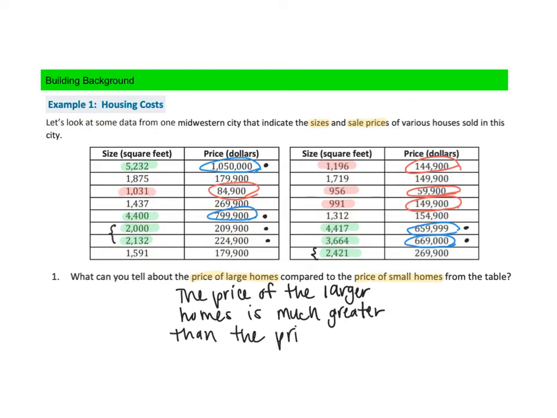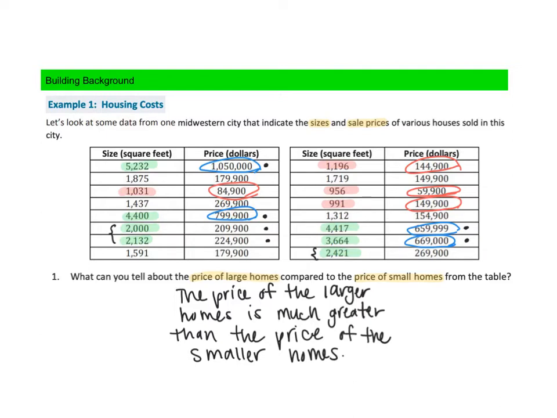Just please write this down. The price of the larger homes is much greater than the price of the smaller homes, which is pretty self-explanatory.